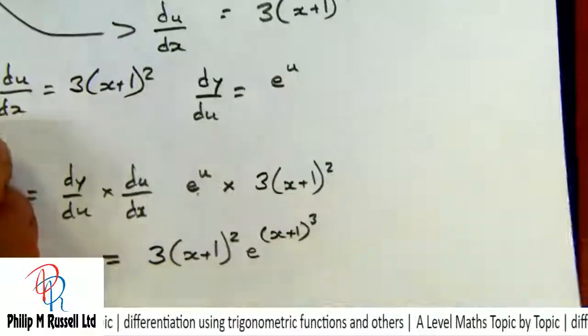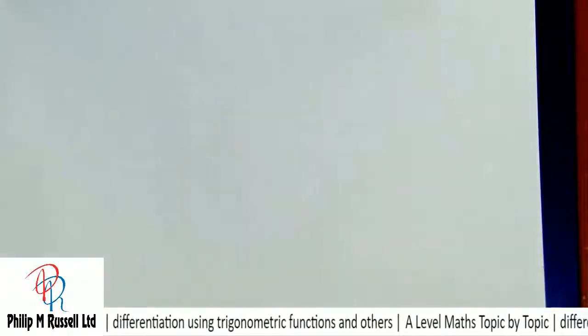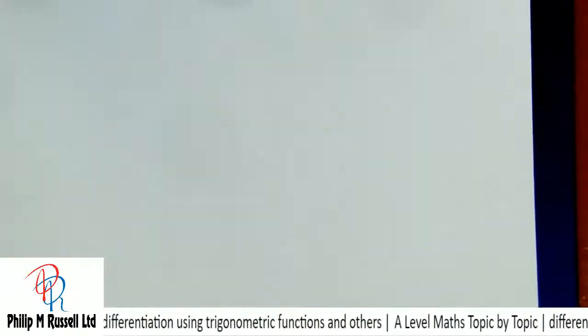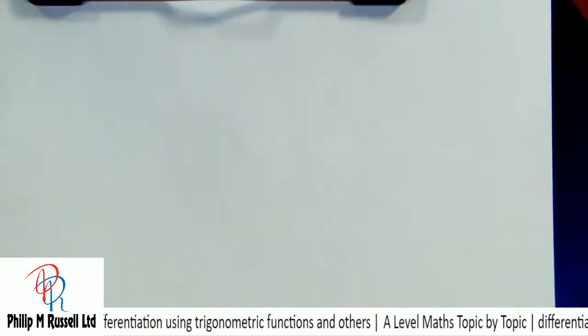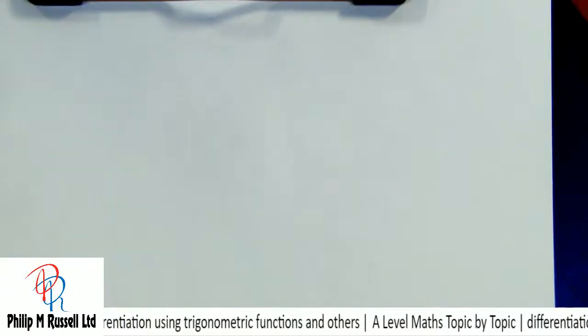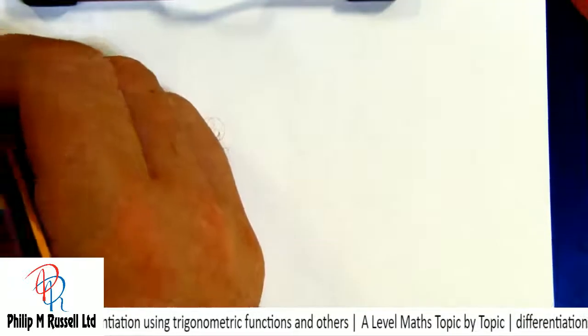Now what we can do is go on and have a look at a slightly more complicated version of this, and this is called the product rule.